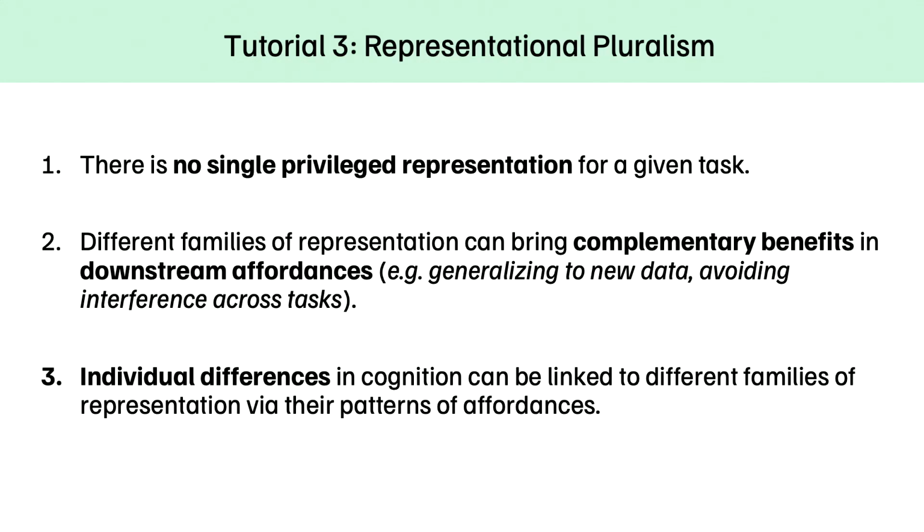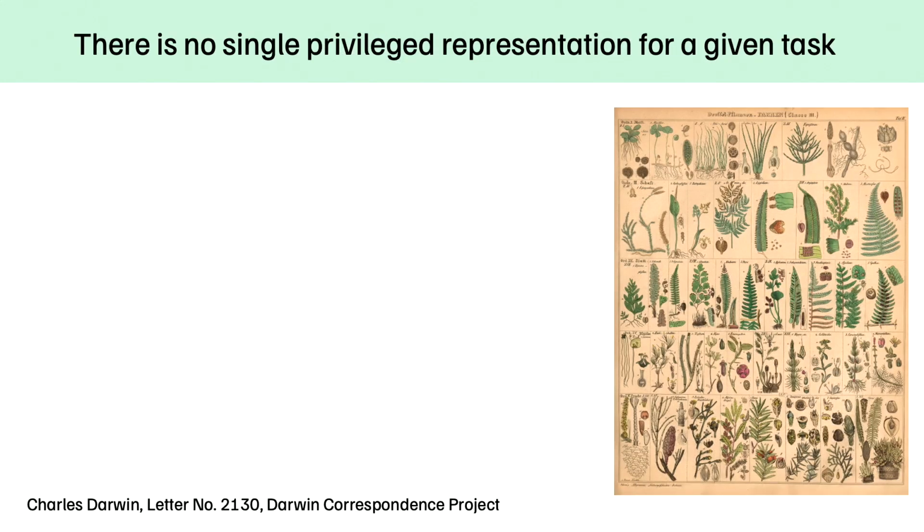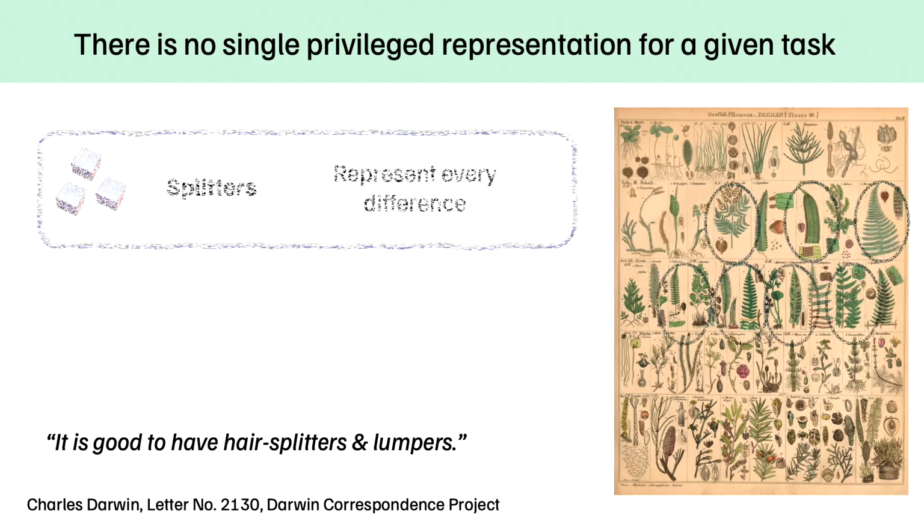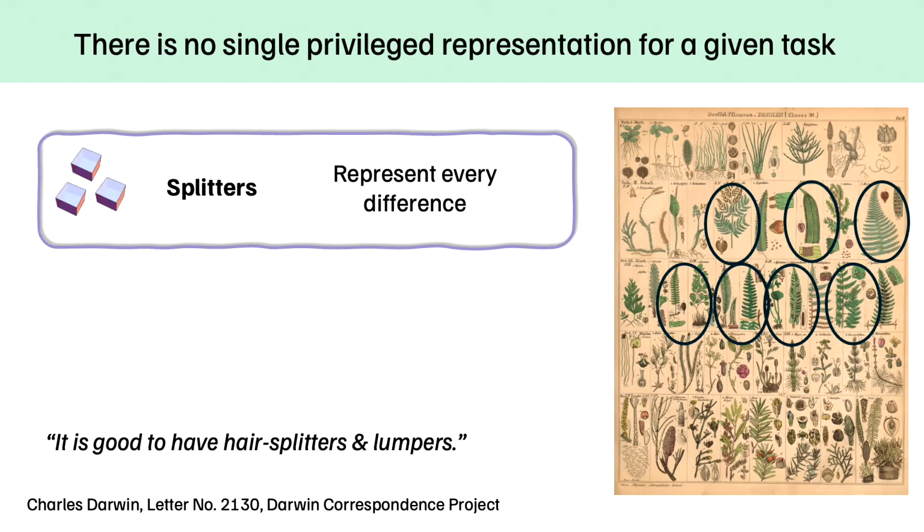So talking about individual differences, I want to go back to a quotation from over 100 years ago by Charles Darwin, where he said, "It is good to have hair splitters and lumpers." And what he was fundamentally talking about was these different forms of representations that bring complementary benefits. So on the one hand, there were the splitters, who, when they were learning about the taxonomy of different plants, were trying to emphasize and represent every distinction between the different plants.